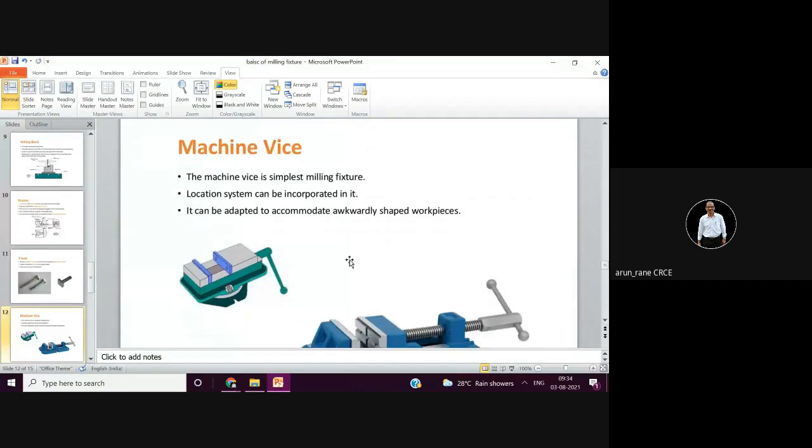Only, in the machine vise you have to make a provision for locating the workpiece. You have to have an arrangement for locating the workpiece in the vise.